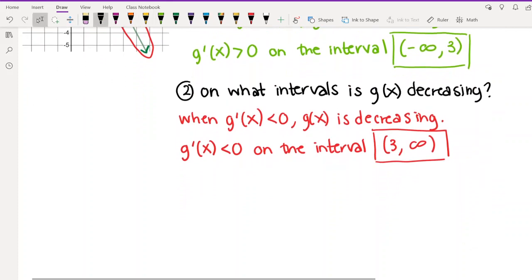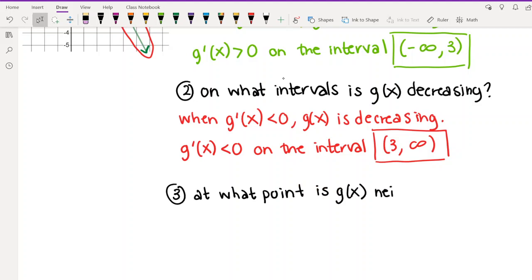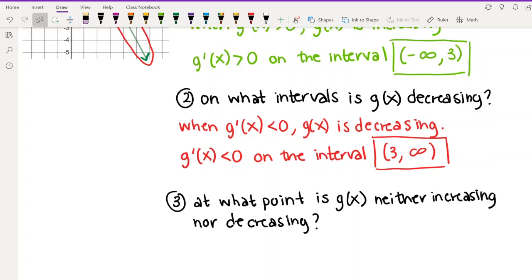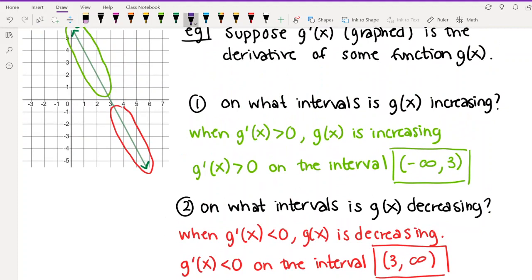And then the last question we can answer is, at what point is g of x neither increasing nor decreasing? So looking at the graph, now we're looking for where the derivative is equal to 0, right?